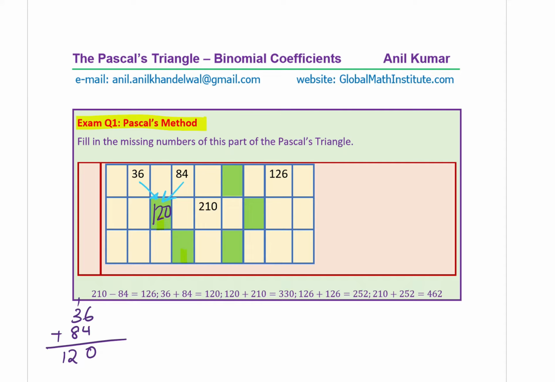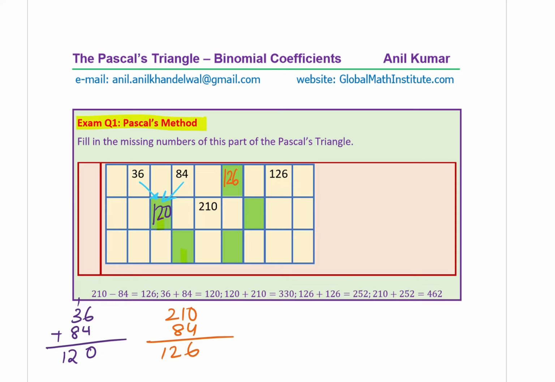Well, this time you have to see what number will add to 84 to give you 210. So in this case, you have to subtract 84 from 210, and when you do that, what you get is 126. So this number here will be 126. You get the idea. So that is how you have to continue, fill in the numbers, and get the result, right? So it's absolutely clear.